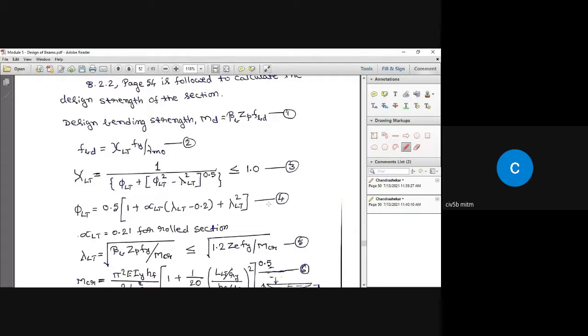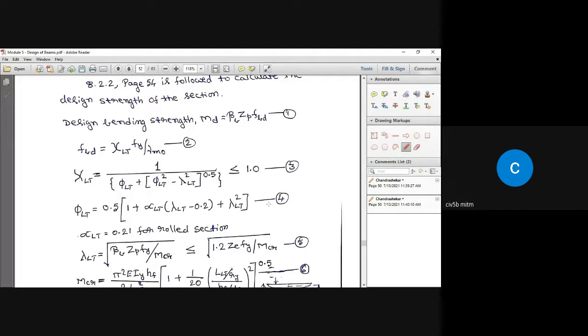Again, in the same column, if you go below, where you see beta B equal to something, ZPZ equal to something, FBD equal to something, just below that there is a formula given in one line, that is FBD equal to chi LT Fy divided by gamma MO. It is not X, it is chi, CHI, chi LT.